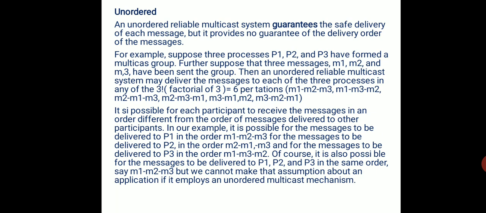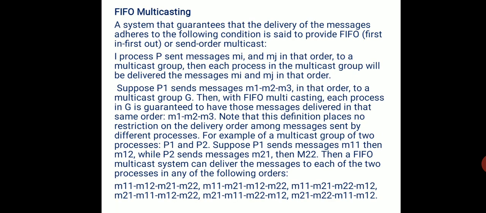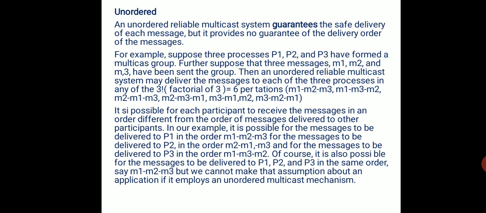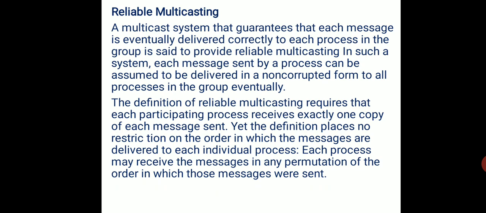And it is also possible for the messages to be delivered to P1, P2, P3 in the same order, say M1, M2, M3, but we cannot make that assumption. So this is unordered multicast under reliable multicasting.